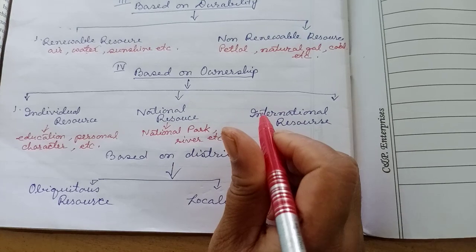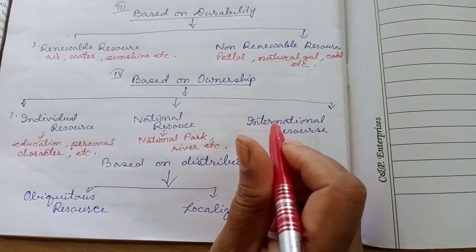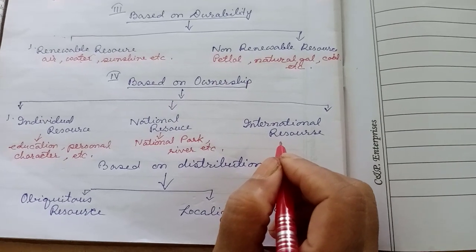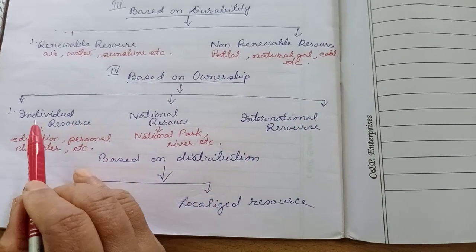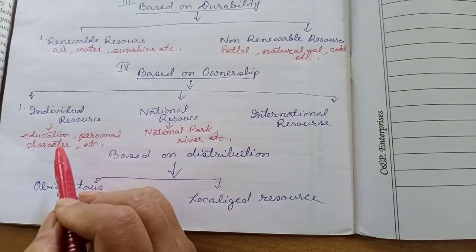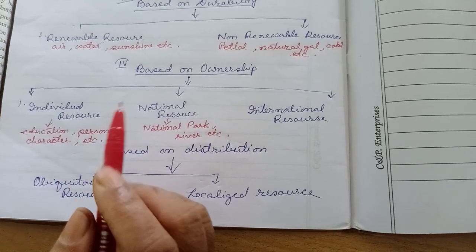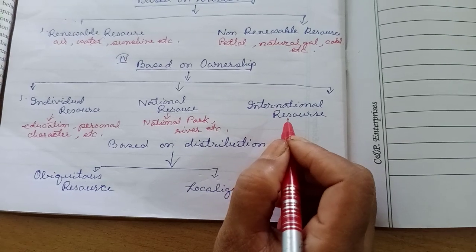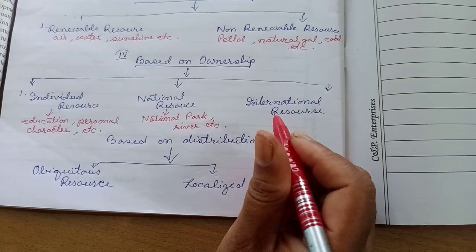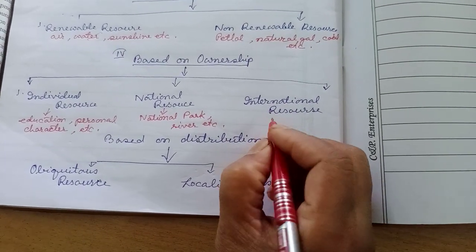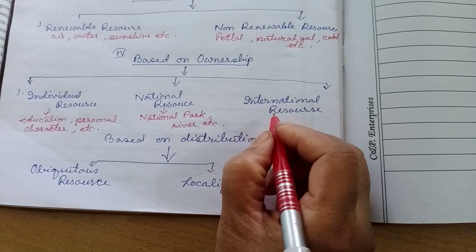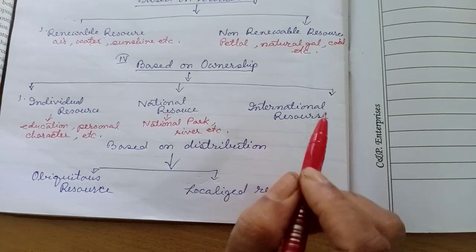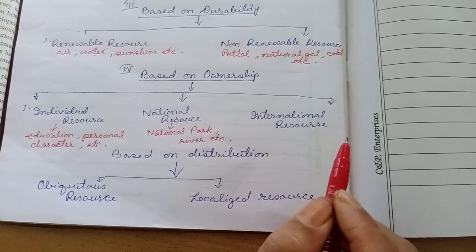International resource means the things which are under the possession of the whole world. As individual resources are looked after by a particular person or a family, and national resources by a country, international resource is managed and utilized by the organization UNO. It is looked after by UNO. Keep this one in your mind.